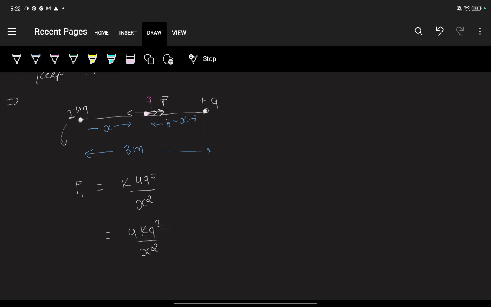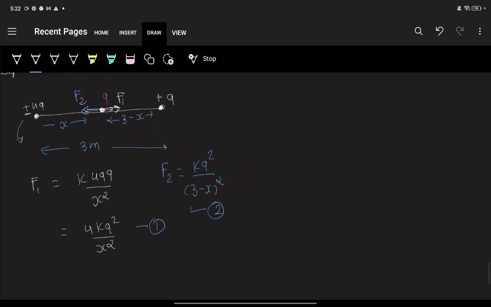And force due to this small q charge, let's name it as F2. So F2 will be kq square upon 3 minus x square. Okay, we are going to compare both the forces. So F1 will be equal to F2, okay, because of the equilibrium.